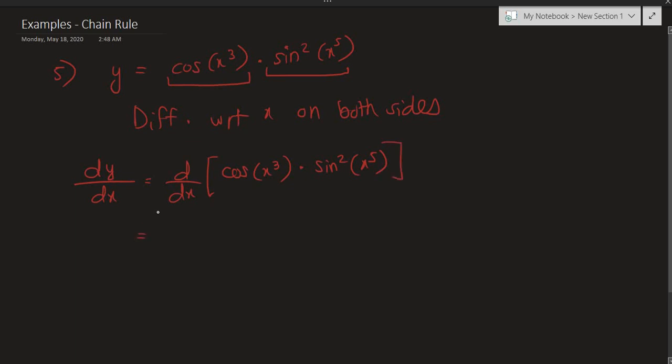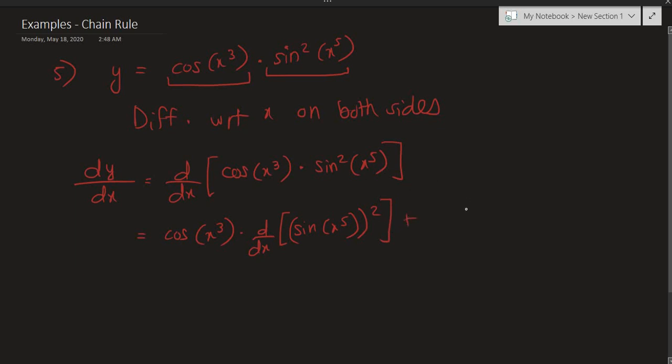So let's use product rule. Let's make cosine of x cube wait while you differentiate the sine of x to the fifth, but the whole thing to the second power. That's exactly what the sine squared is.